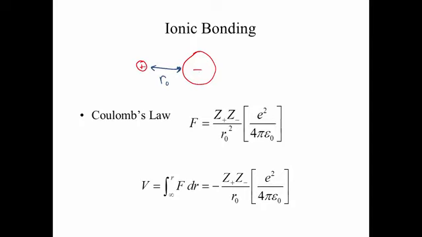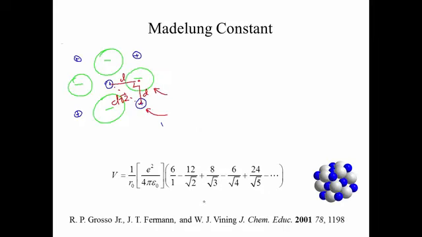Now in an ionic solid you have more than one cation, more than one anion, and so how do you keep track of this? Well, here's a little picture, say, of sodium chloride, and here's a cutaway. So let's center on this chloride atom here, and let's focus on the attractions and repulsions due to these electrostatic forces.